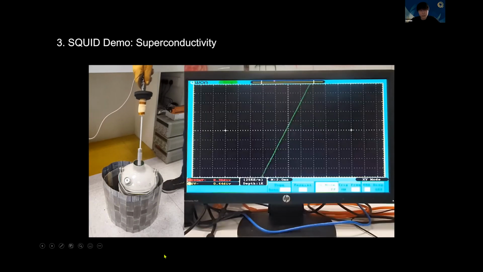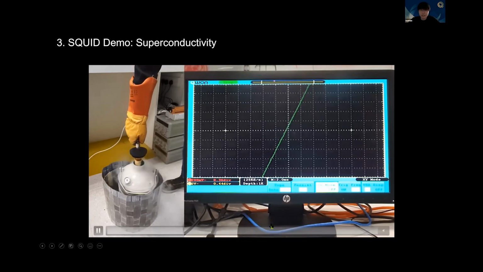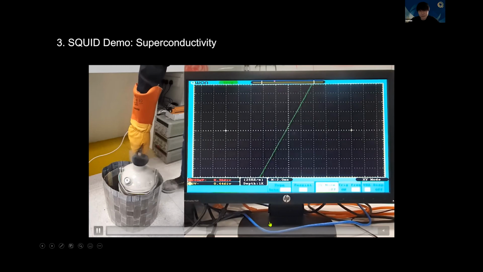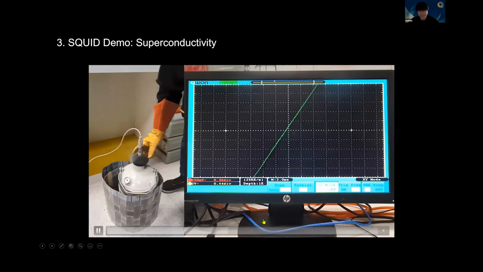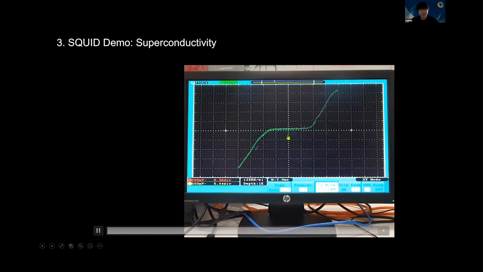When we put this into liquid nitrogen and cool it down, you will start to see the graph moving because the resistance is changing. And then at some point, we're going to see this bending behavior. In the middle, you have zero resistance. And that's the superconductivity you're looking at right there.